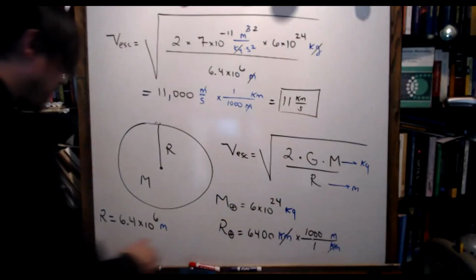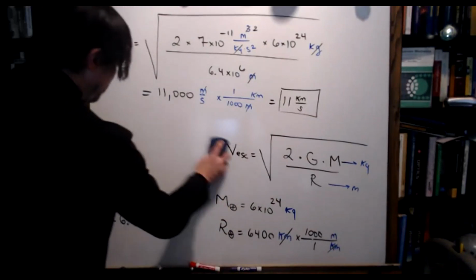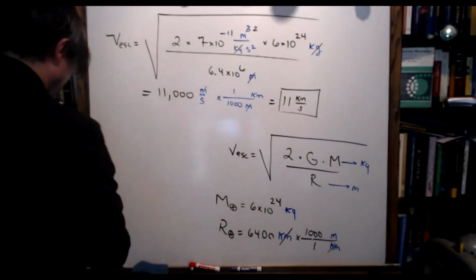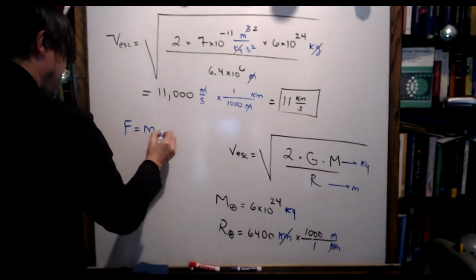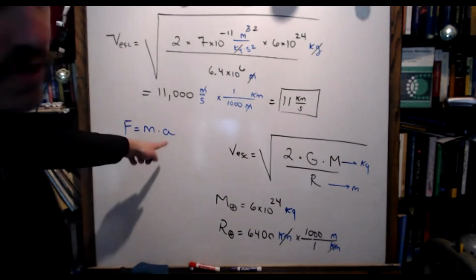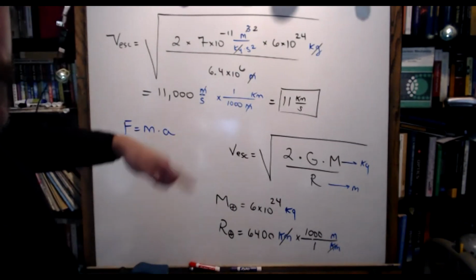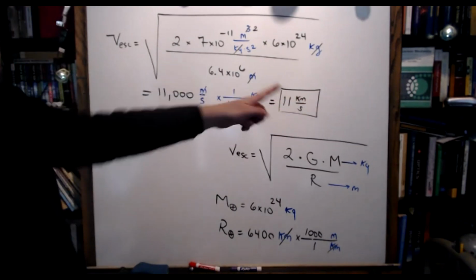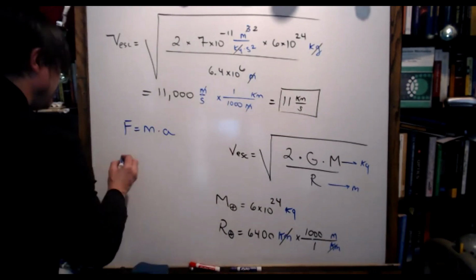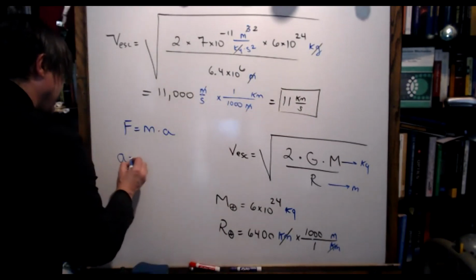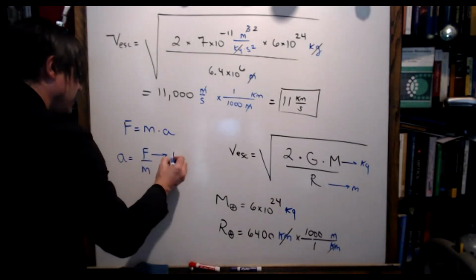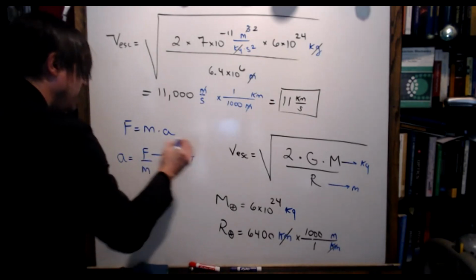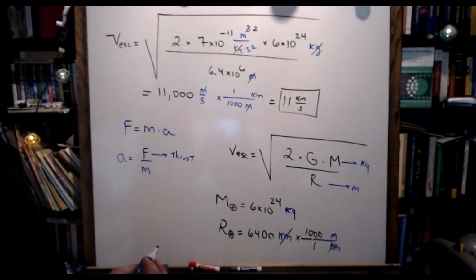And if you think about Newton's second law of motion, because force is equal to mass times acceleration, you have to accelerate the rocket to go from 0 meters per second up to 11 kilometers per second. And the acceleration is equal to the force divided by the mass. The force is the thrust of the rocket, and the mass is the mass of the rocket.